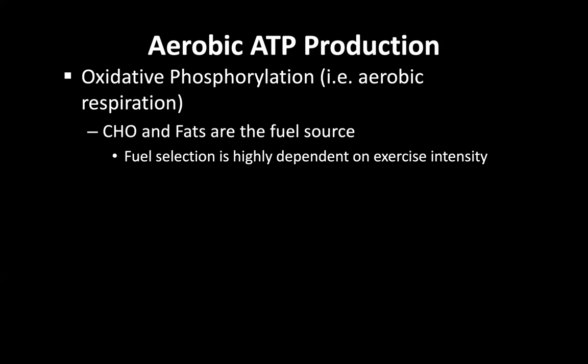And so when we start talking in the next upcoming lectures about carbs, fats, and proteins as the fuel sources, we're going to primarily be talking about how carbs and fats are utilized for ATP production through the aerobic pathway. Because when you're running or ruck marching, rowing, anything over long distances, again, for durations greater than 2 minutes, these are your primary fuel sources.